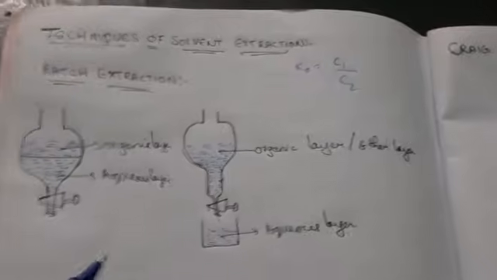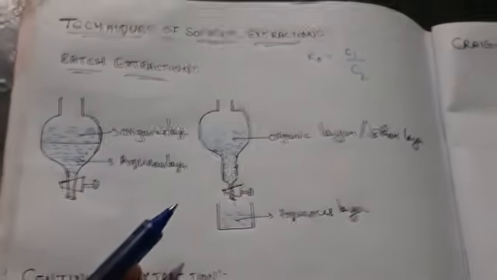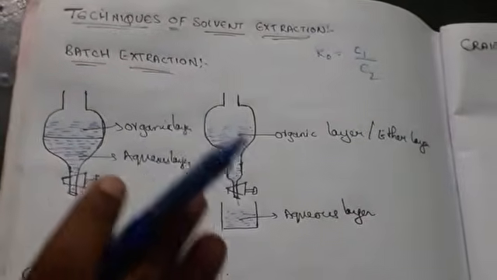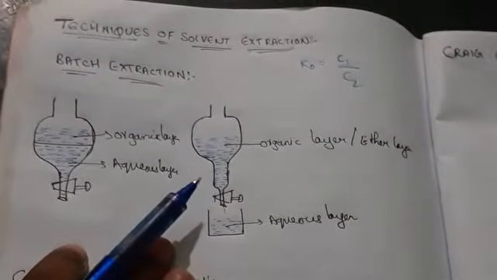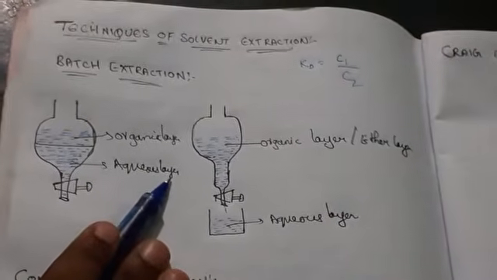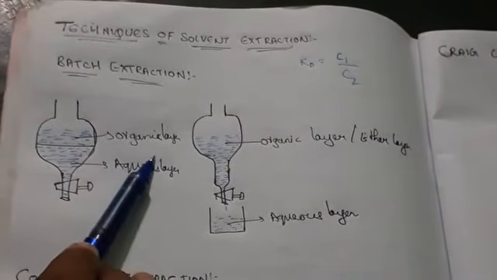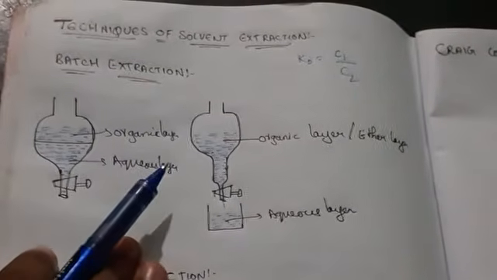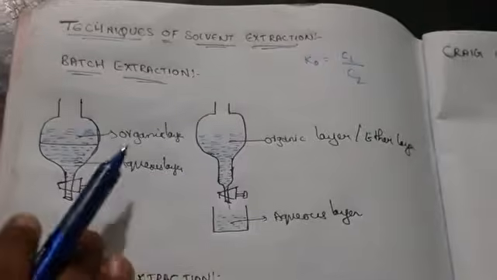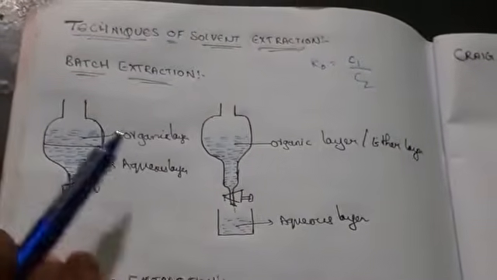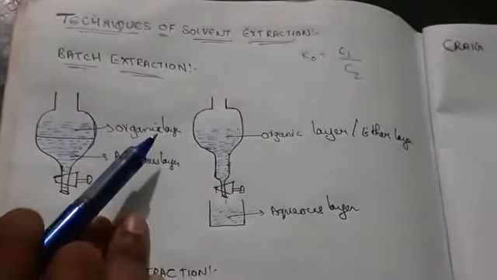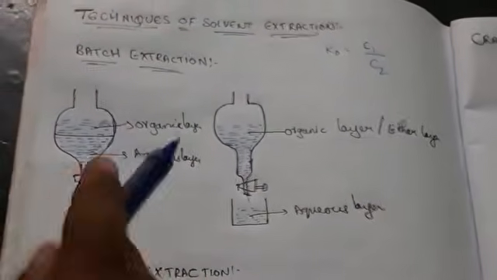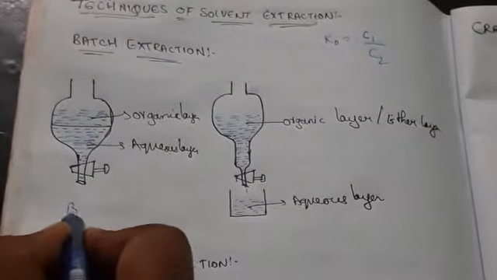Now coming to batch extraction. Here you have taken a compound containing two layers. Let us take one as water, which is known as the aqueous layer, and another as the organic layer, for example oil. We are not adding any extracting solvent to this before extraction.